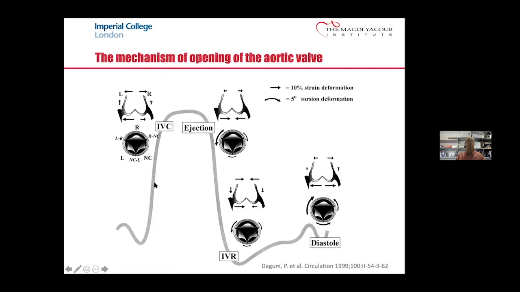There are specific movements that occur throughout the isovolumic contraction and the ejection of the blood, whereby the levels of the annulus either move apart or together, and the level at the sinotubular junction also moves. There are also some rotational changes, and this dynamic function of the aortic root, which refers to the whole annulus up to the sinotubular junction, led to Professor Jacob's paper where he coined the phrase dynamism and crosstalk, i.e. there's crosstalk between different structures of the aortic root, and dynamic function of it means that it optimizes its opening and closing throughout the cardiac cycle.